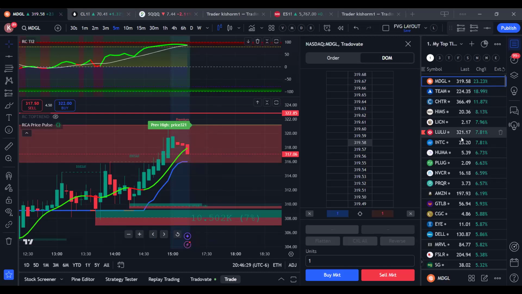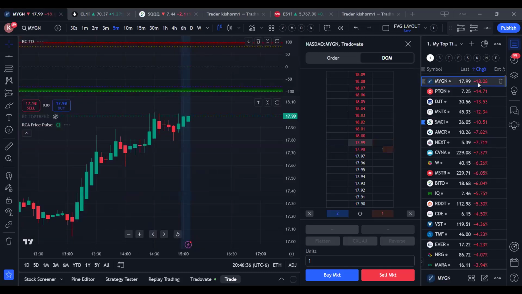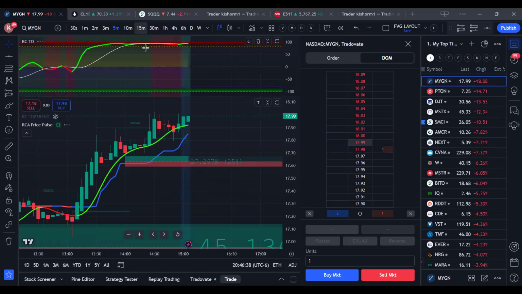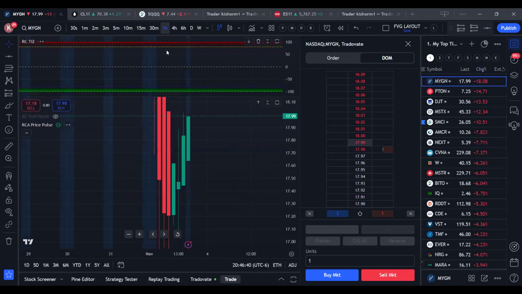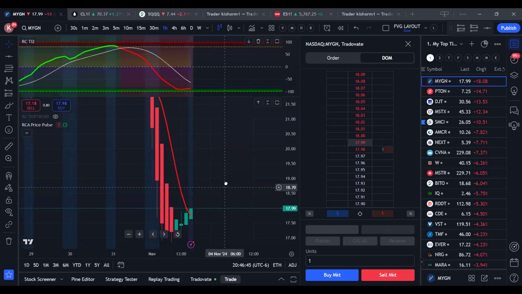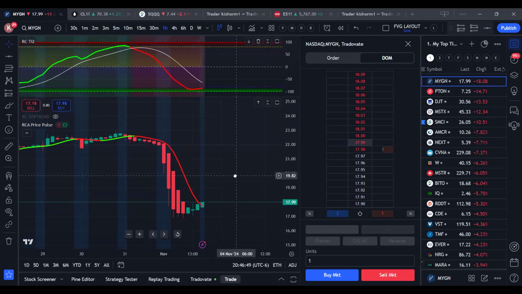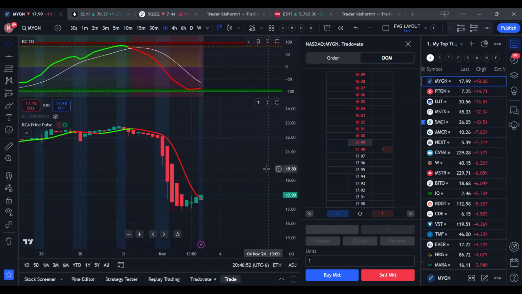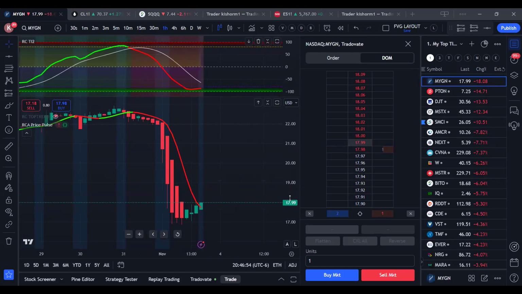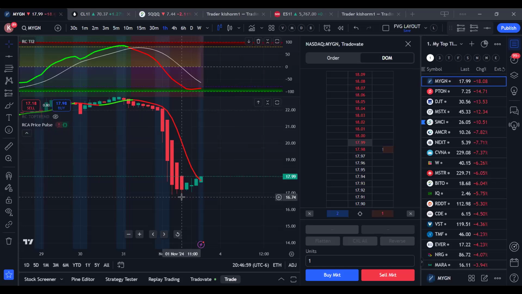Or let us look at some other examples. For example, MYGN. Let us say your previous day low was around 16.8.